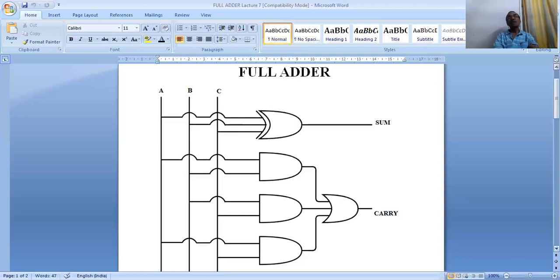Some students are drawing the diagrams by using scale, pencil, etc. Okay, you can draw, no problem. But keep in your mind, there is shortage of time.